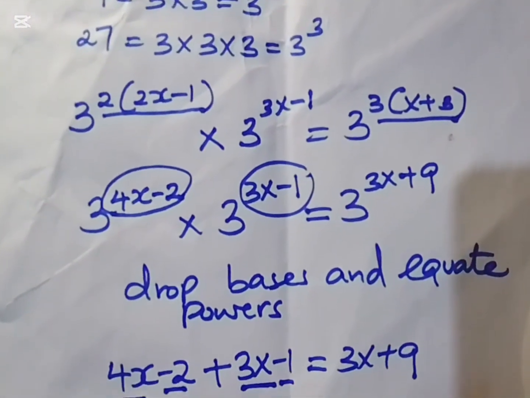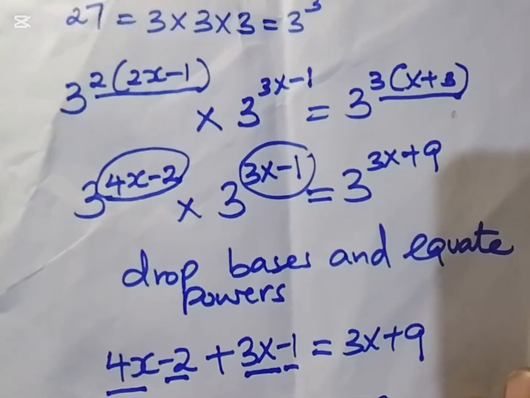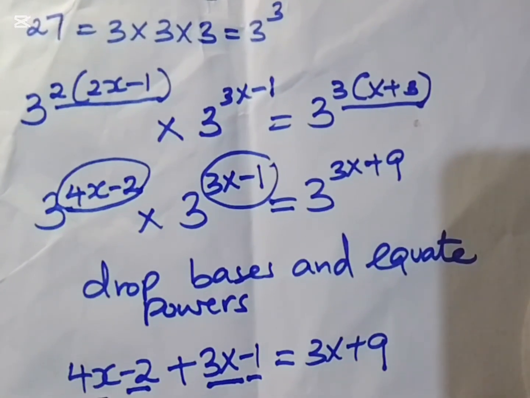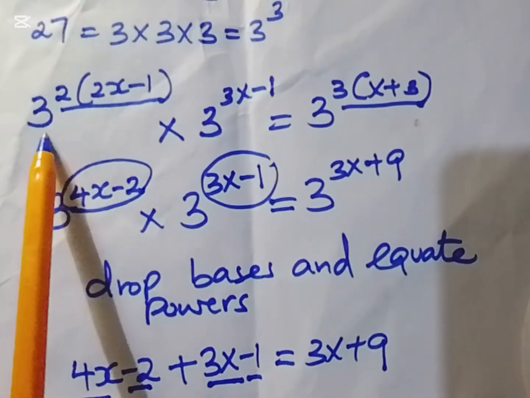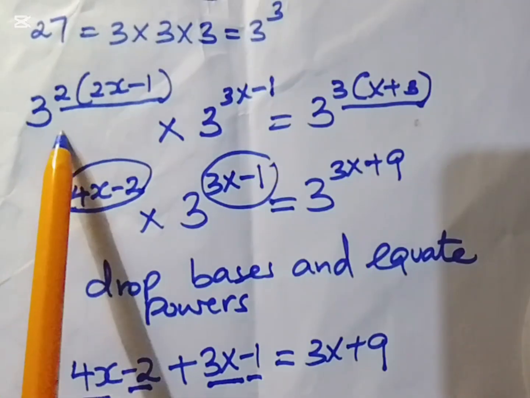So as we move to the second part of the question, as you saw earlier through prime factorization, we have replaced 9 with 3 squared.